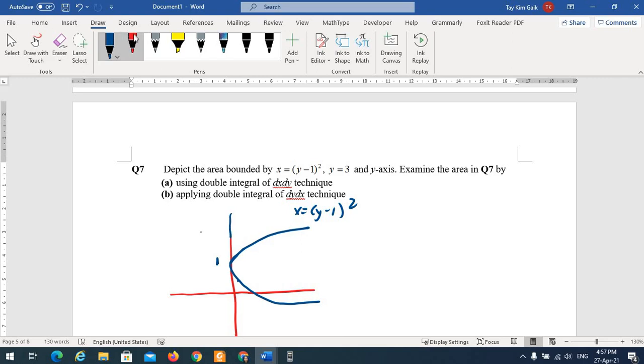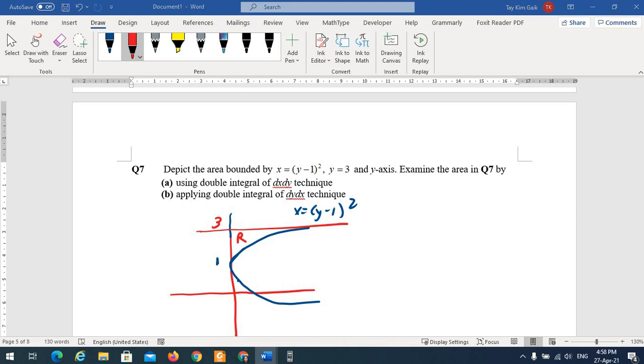This is 3. This is the y-axis. So you want to find the area bounded by the curve x equals y minus 1 squared, y equals 3, and the y-axis. So the region is here.